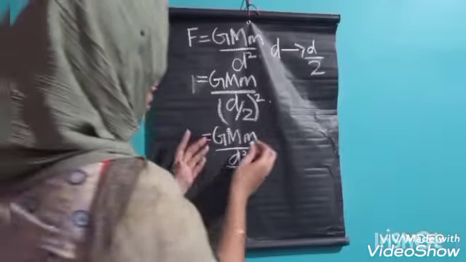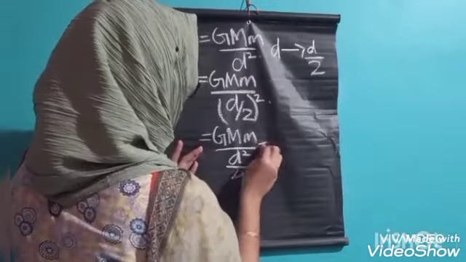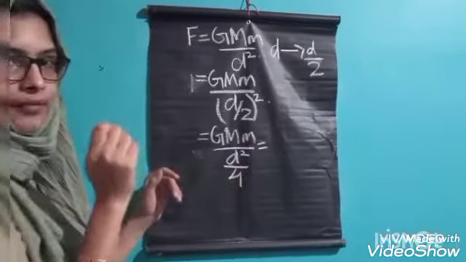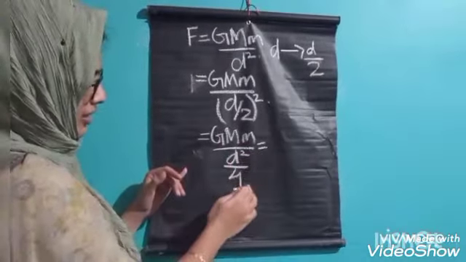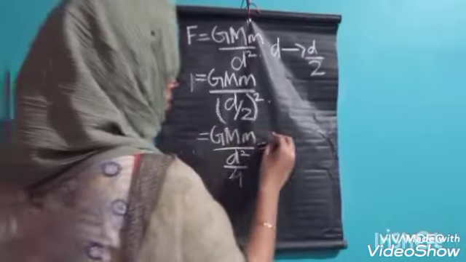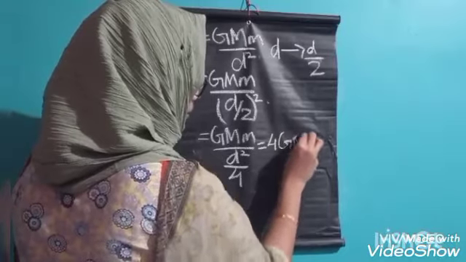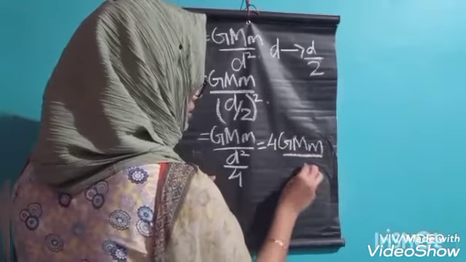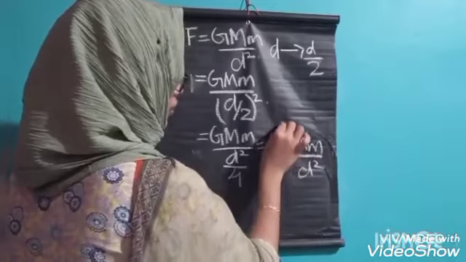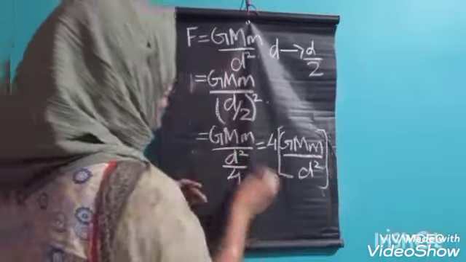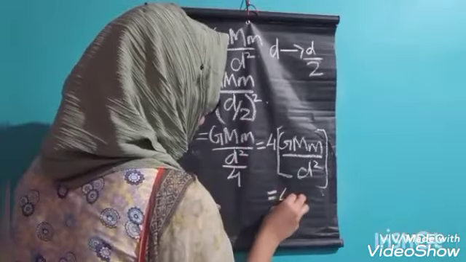The denominator of the denominator is the numerator, so we can write it as 4GMm by D square. We know GMm by D square is the F. So it is 4F.